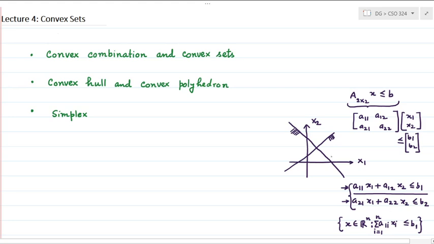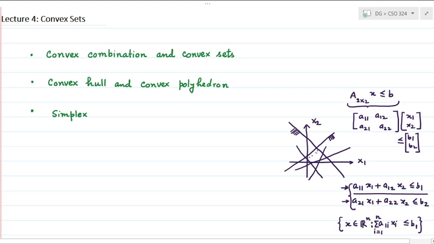Similarly, in R2, the plane reduces to a line, and therefore any inequality region is just a half space. And therefore, if you have a pair of inequalities, it will give us the intersection of two half spaces. If you have m inequalities, then you will have the intersection of the half spaces given by those inequalities.